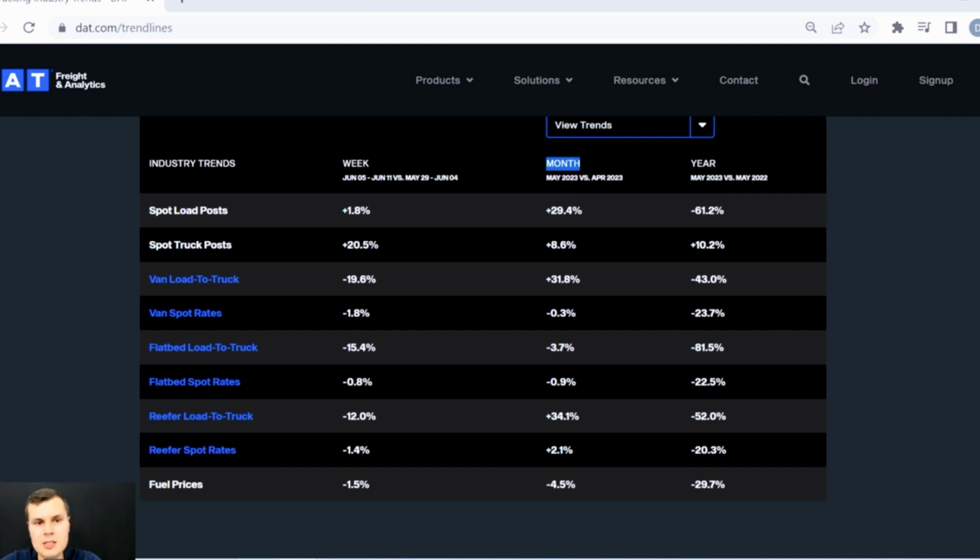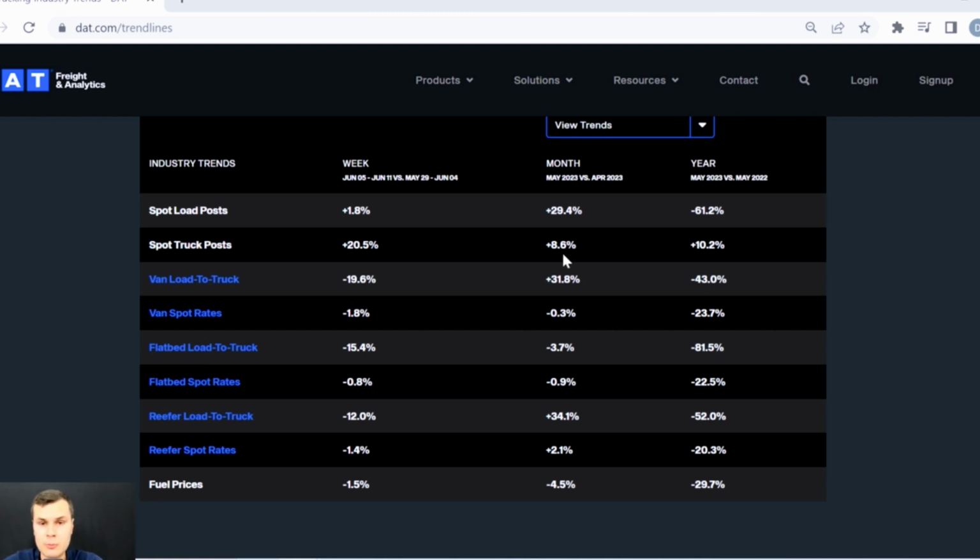First thing we see is spot load posts plus 29.4%. So this means that there are pretty much 30% more loads available on the market in May 2023 than in April 2023. And then we see spot truck posts, which grew by 8.6%.